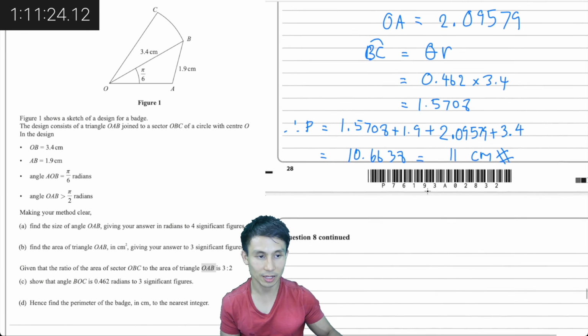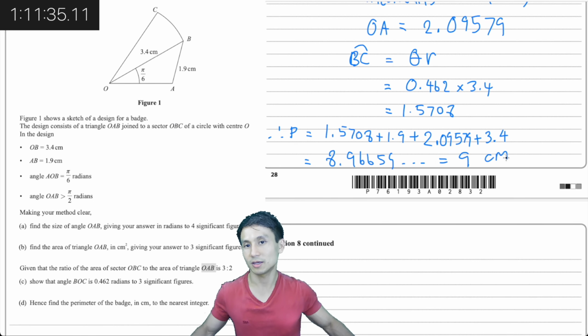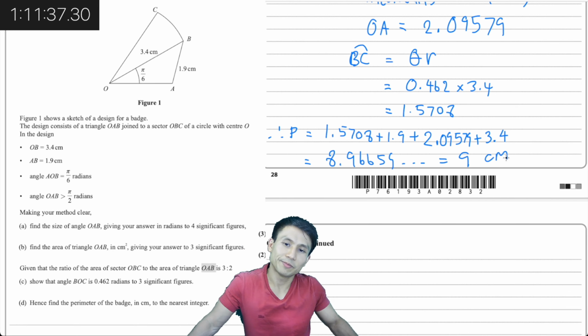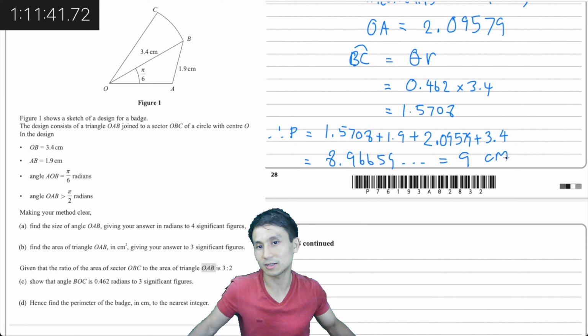Okay, so I get 8.96659 blah blah blah equals 9 centimeters. Let's see. Yeah, that kind of makes sense. Should get less. That side is smaller.